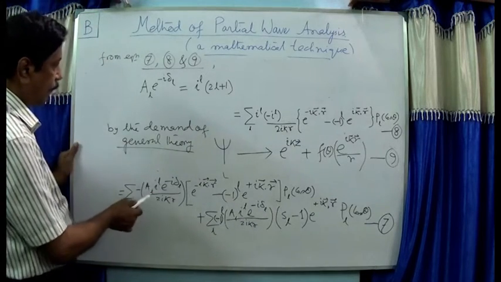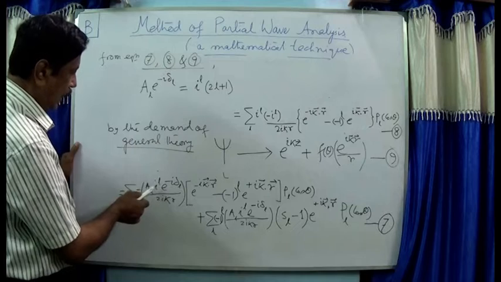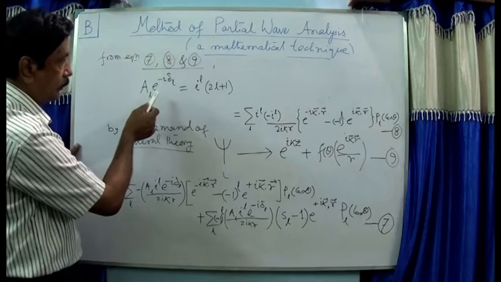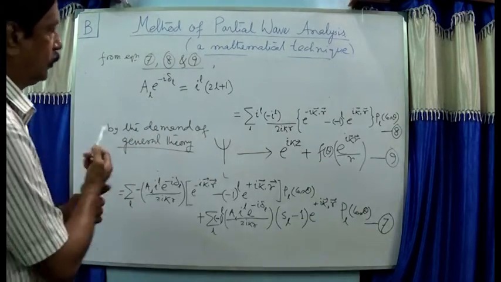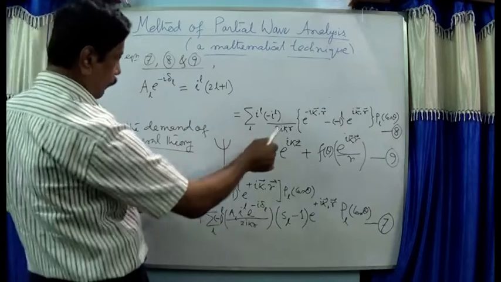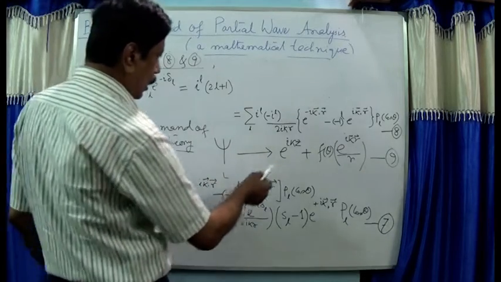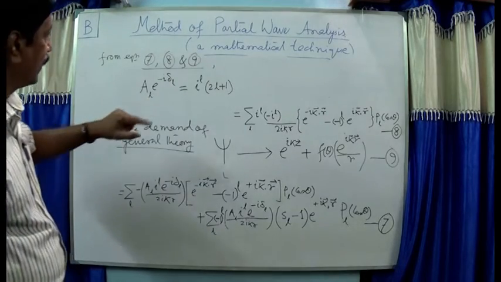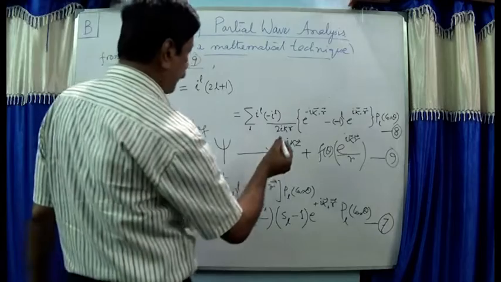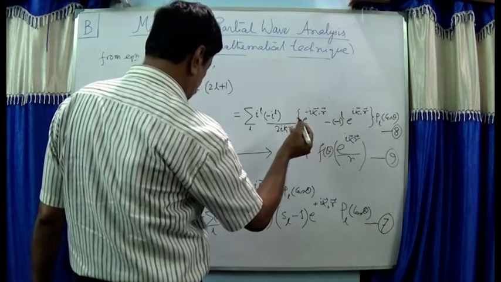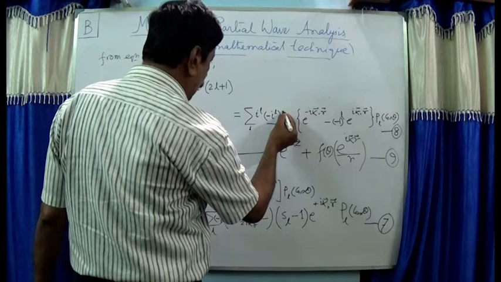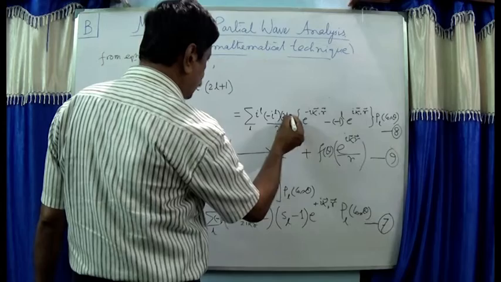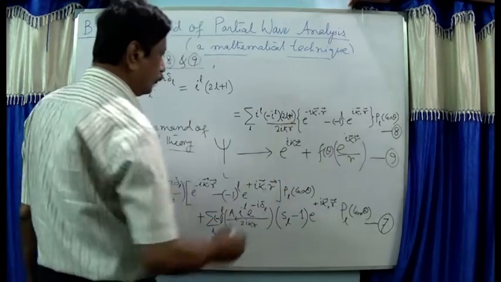The only difference is that A_L e to the power minus i delta_L can be equated here to i to the power L twice L plus 1. In this relation, I have missed to write the twice L plus 1.